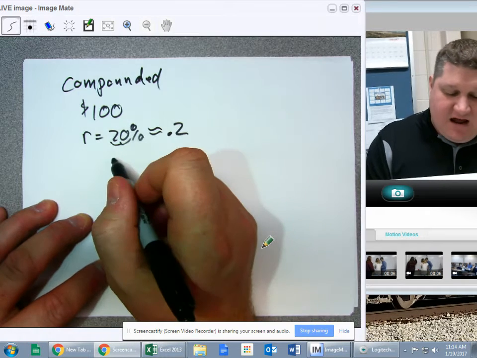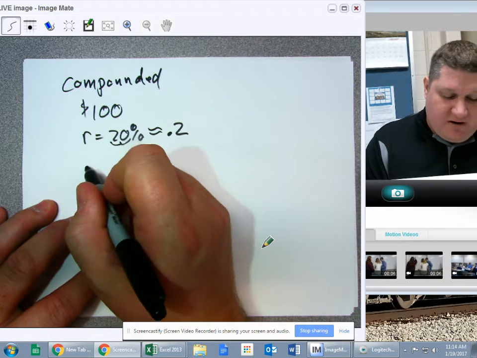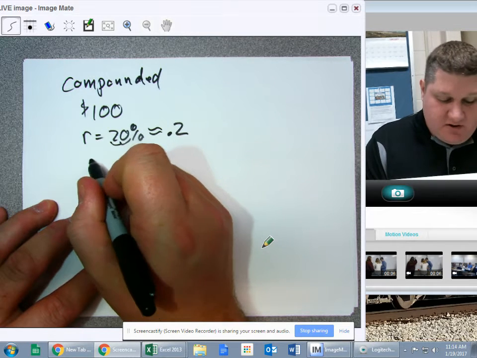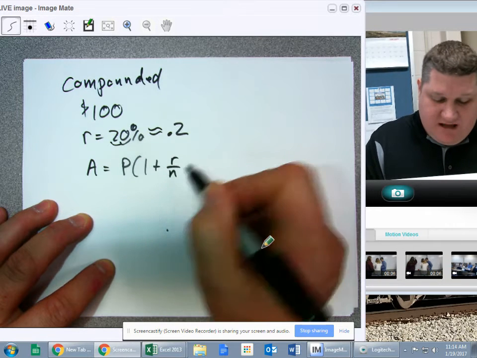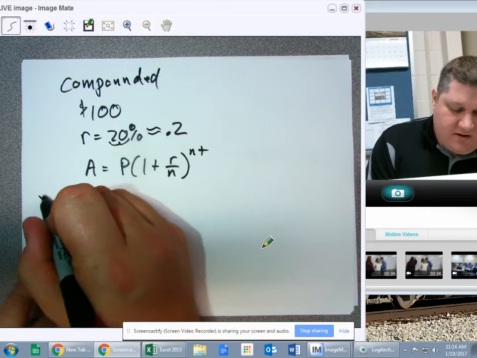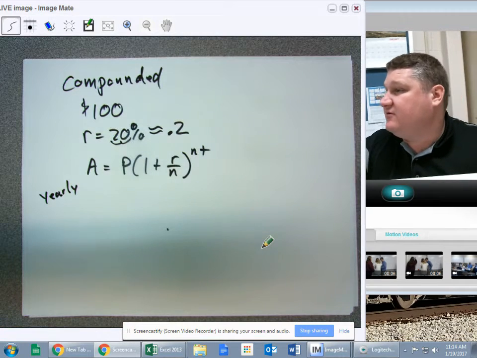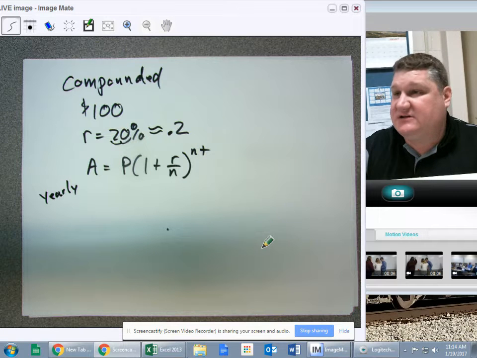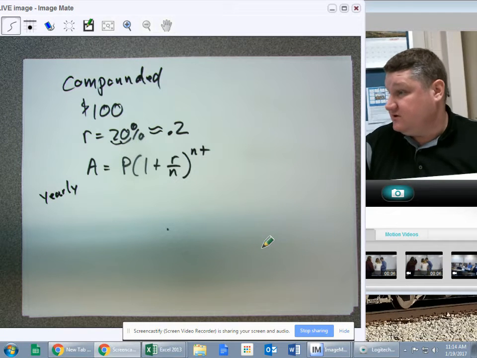All right. Now, if it's compounded only once a year, you would say amount equals P times (1 plus R over N) raised to NT. If we do yearly, how many times will it be compounded in 1 year? You would say once, because it's yearly.